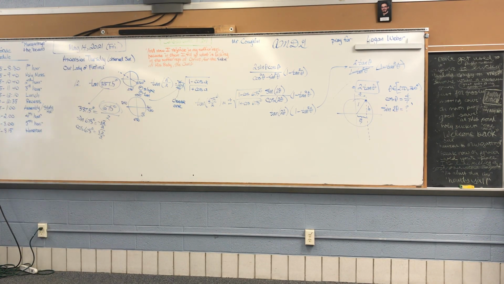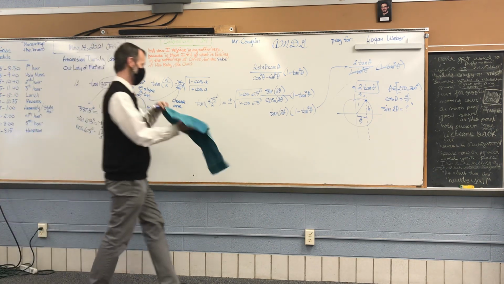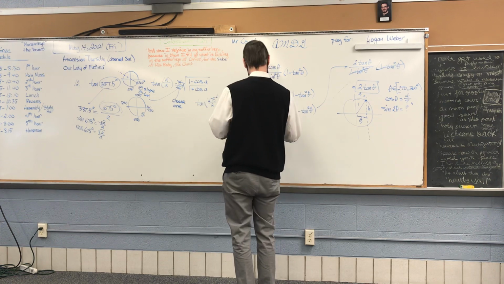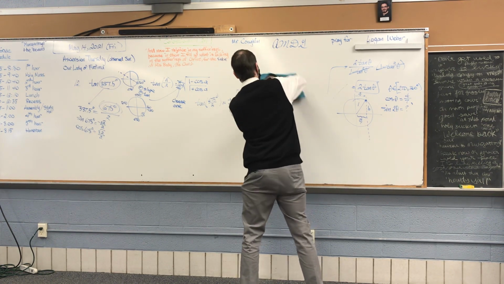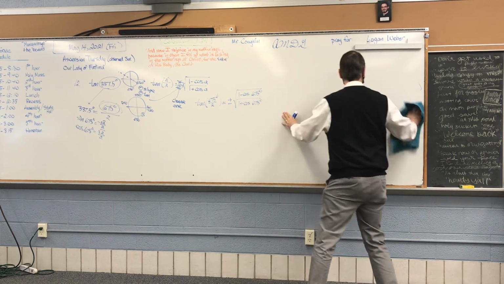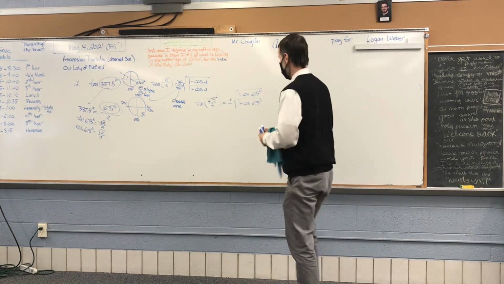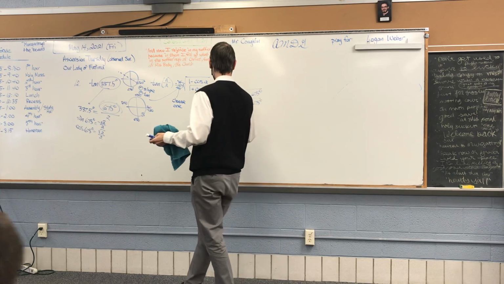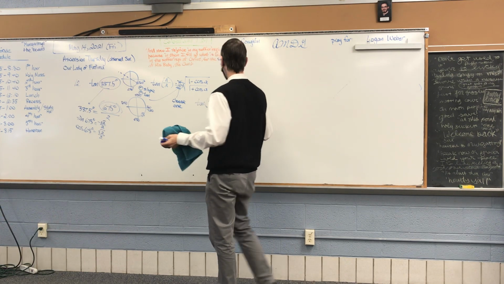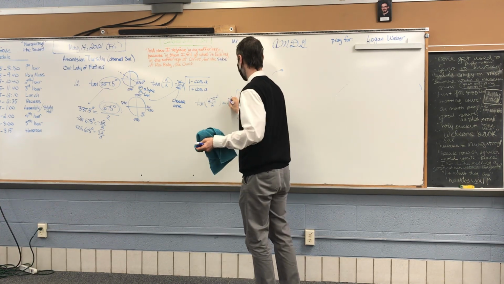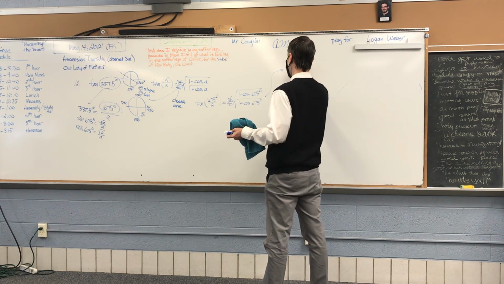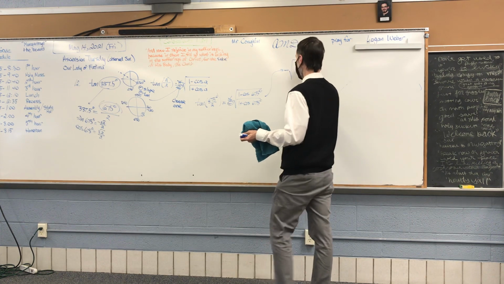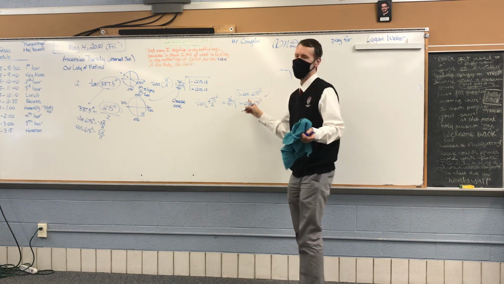So now let's actually do it. We know it's supposed to be negative. Throw away the positive. So it's going to be negative radical, 1 minus, can somebody tell me the cosine of 675 again?